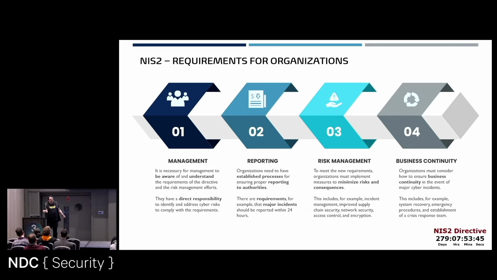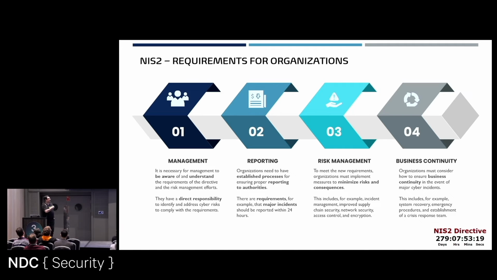So they have no clue that this will apply to them come October, right? So there's a need for awareness, understanding that you need to comply with this and what you need to do to be able to comply. And ideally, you shouldn't be starting on October 16th, right?